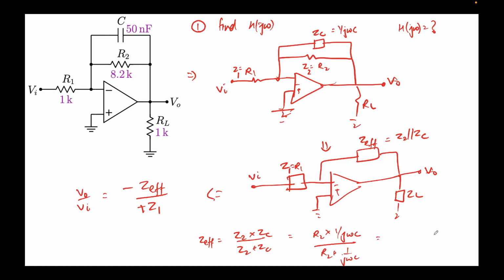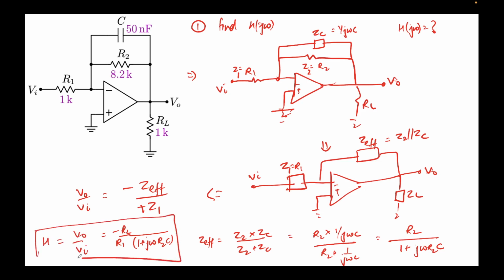Now if you solve this, it will come out to be R2 over 1 plus j omega R2c. This is Z effective, and the value of Z1 is nothing but R1. So this essentially comes out to be minus R2 over R1 times 1 plus j omega R2c. And this is your V0 over Vi, which is also the H. Okay, so this is the output that we have figured out.